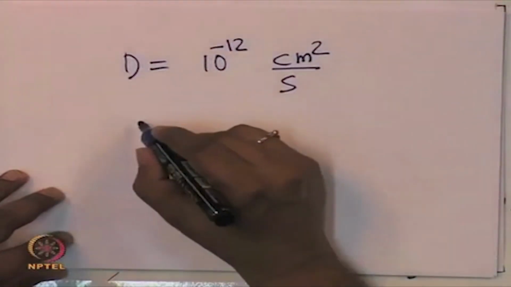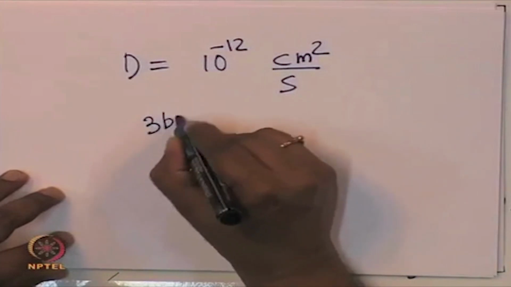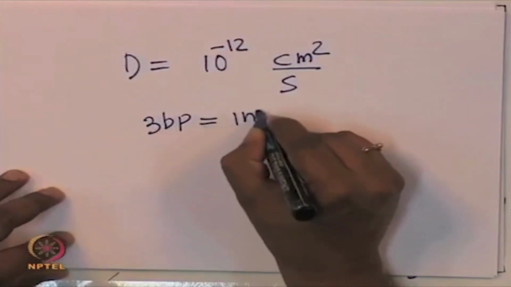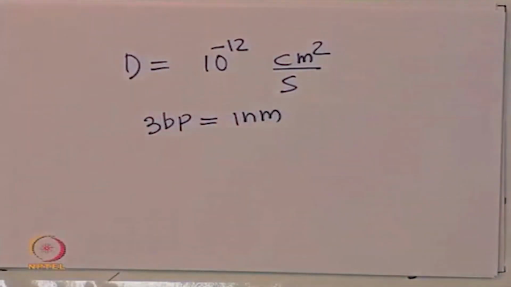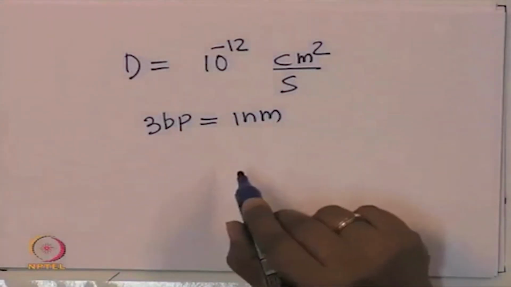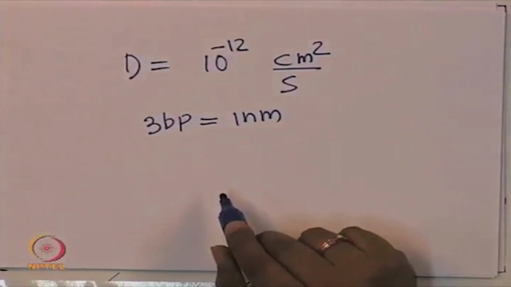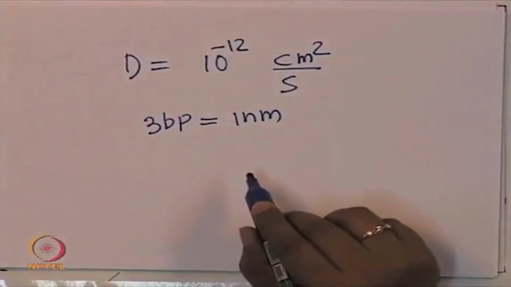It turns out that 3 base pair is 1 nanometer. That is the rough scale. 1 base pair is basically 0.33 nanometer. So, 1 base pair is about 1 by 3 nanometer.